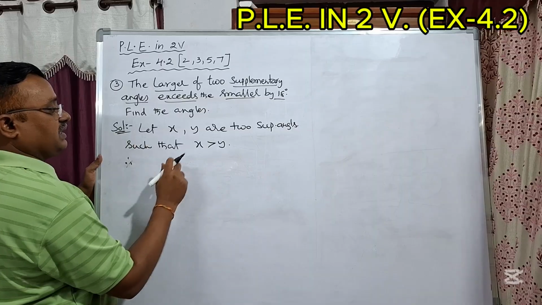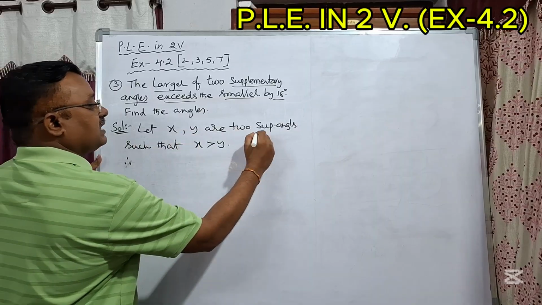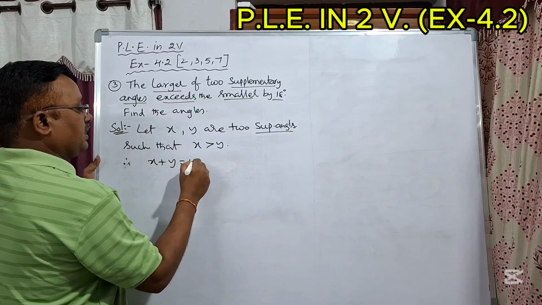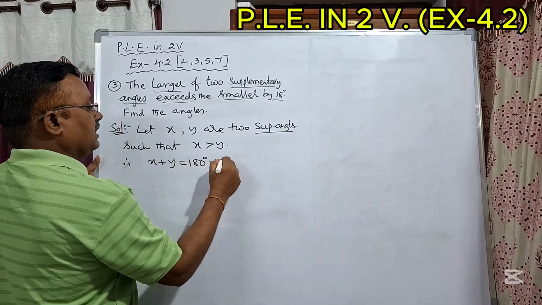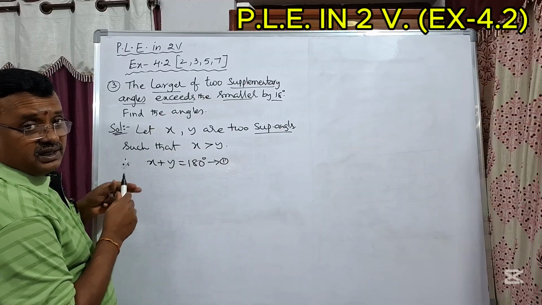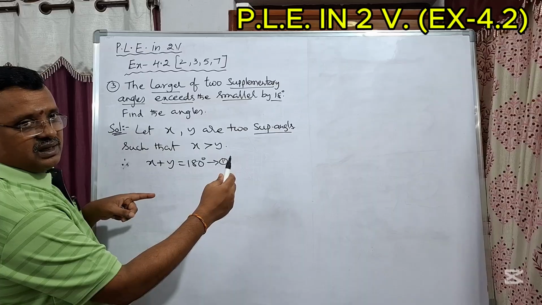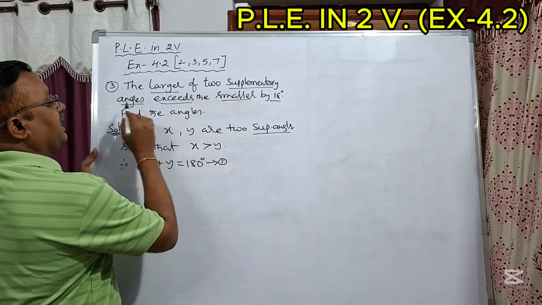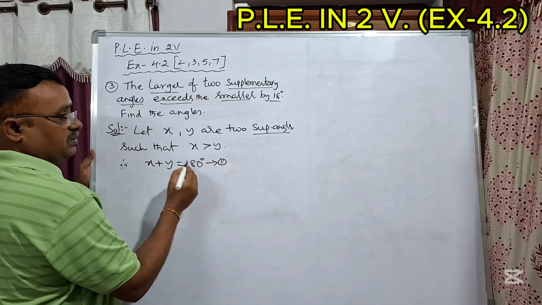Therefore, by this consideration, since these two angles are supplementary angles, x plus y will become equal to 180 degrees. Let it be equation 1. Understood? That is the first condition converting into the first equation. Supplementary angles, so x plus y equals 180.